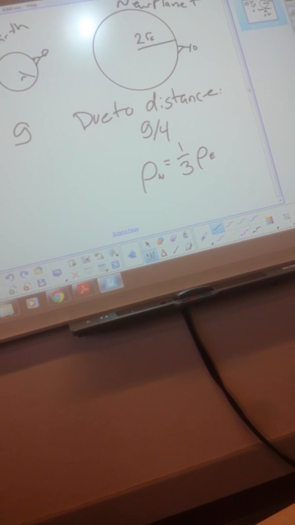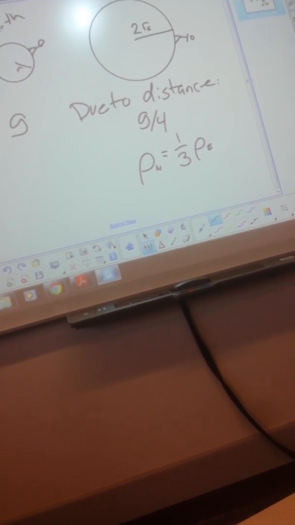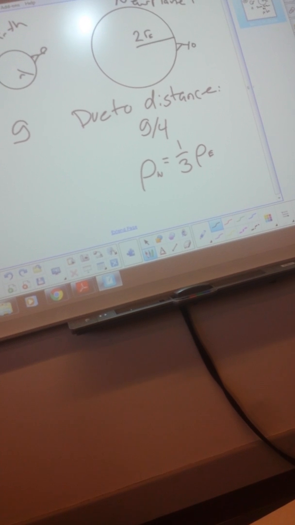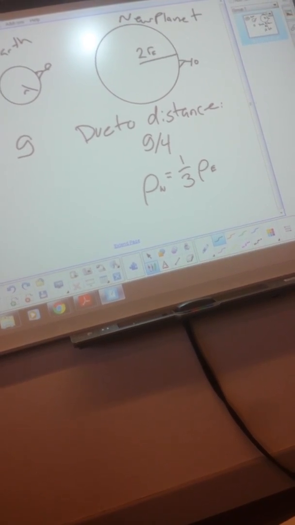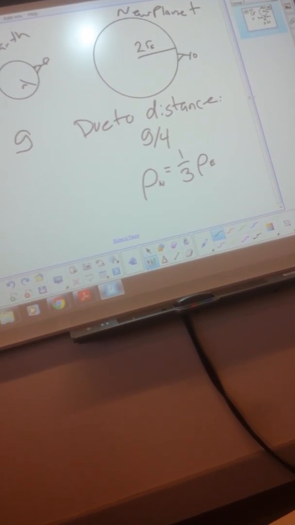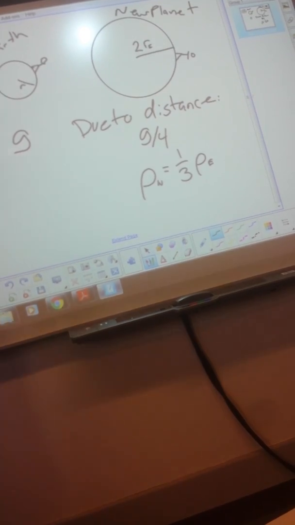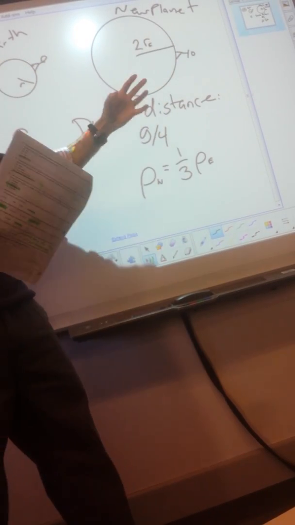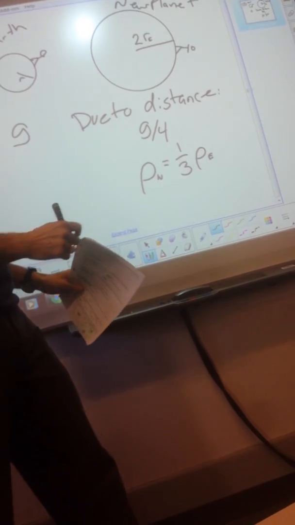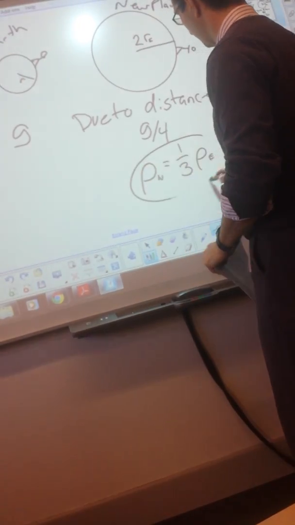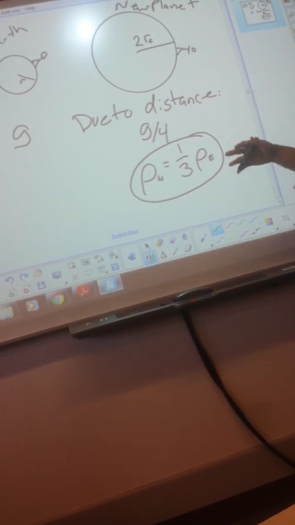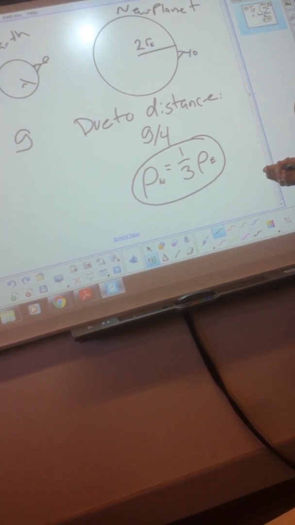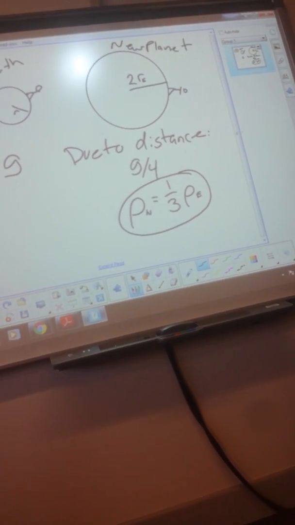So we said that because of the distance, the force of gravity and the acceleration due to gravity would be a fourth. But mass also is a factor, right? The person's mass doesn't change. The planet's mass did. And we know that it is a third as dense. Let's figure out how much more volume there is.